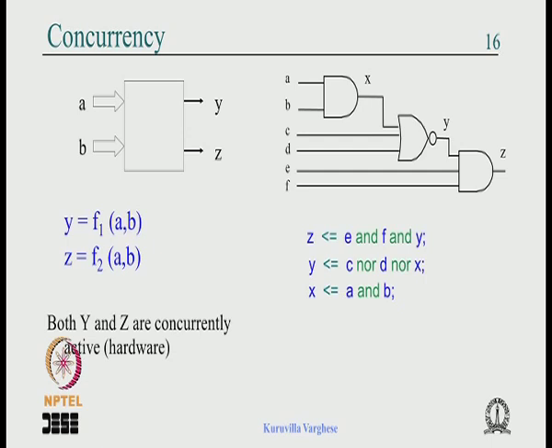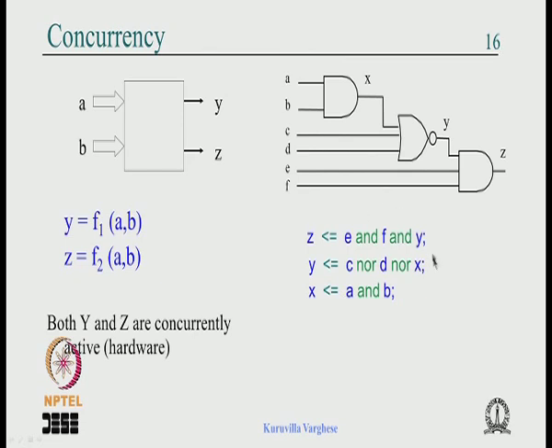Have a look at the expression. You see that Z is written first, Z is described as E and F and Y, and Y is written as C XOR D XOR X, and X is written as A and B.